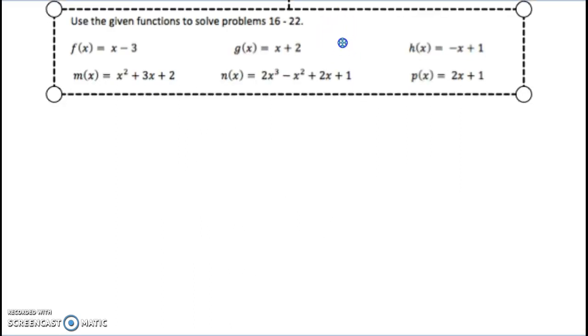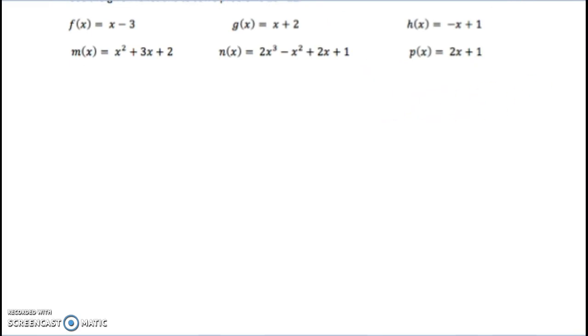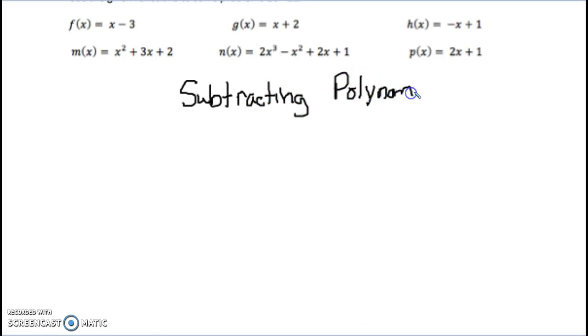Now if we try subtraction of polynomials, when we want to subtract polynomials, we can do something like n of x minus m of x.